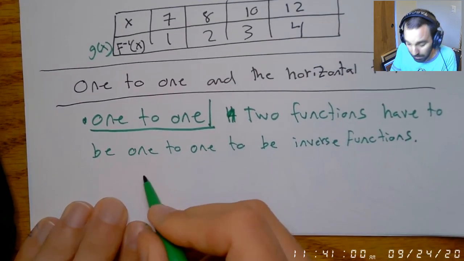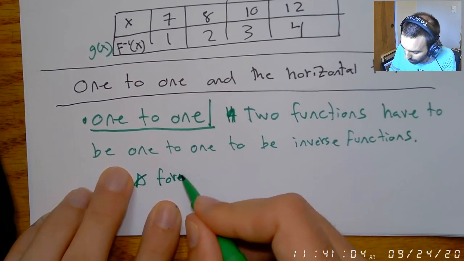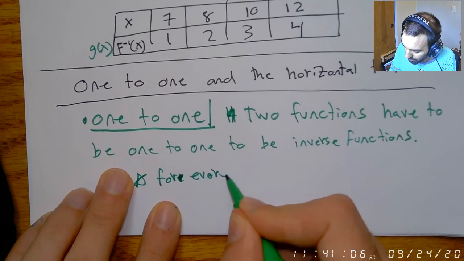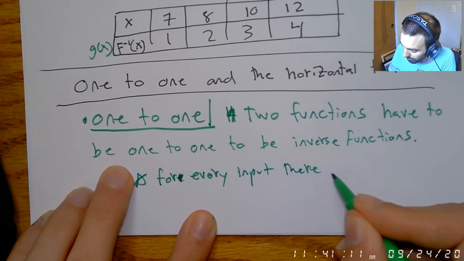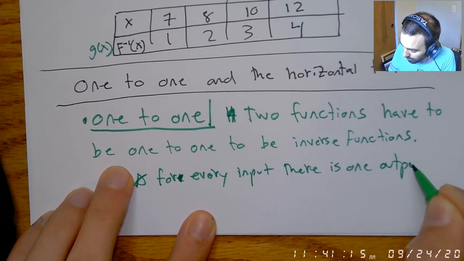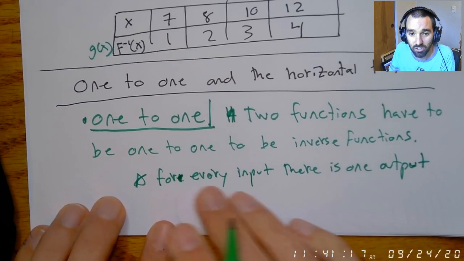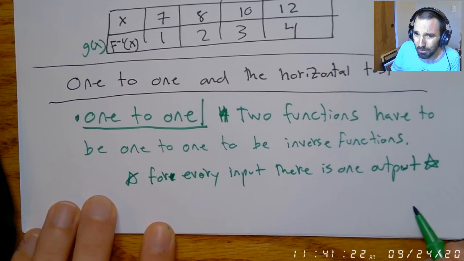Okay, so what does that mean? That means for every input there is one output. Now, for those of you that are paying really close attention, for every input there is one output. That's the definition of a function.